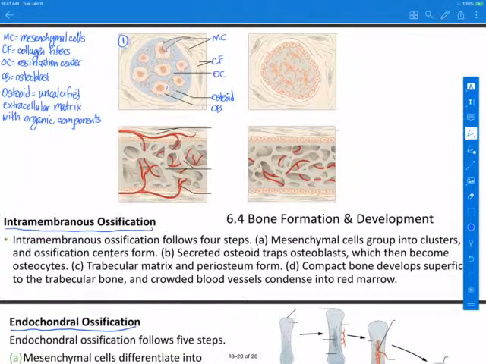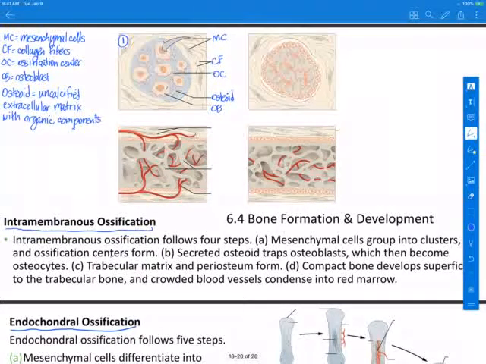Okay, so early embryonic development happens when an embryo skeleton develops from sheets of mesenchymal connective tissue. And mesenchymal connective tissue, again, is undifferentiated. It hasn't yet decided what it's going to become.